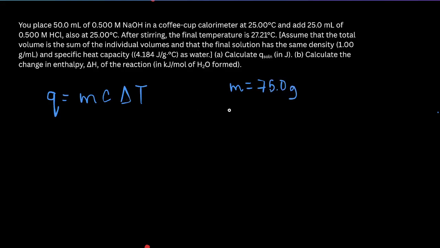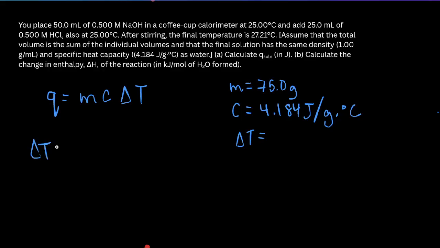We already have our C, right? Our C, the specific heat capacity of water, is just 4.184 joules per gram times degrees Celsius. And now we need our delta T. How do we find delta T? Our change in temperature, this delta T, is just going to be our final temperature minus our initial temperature.